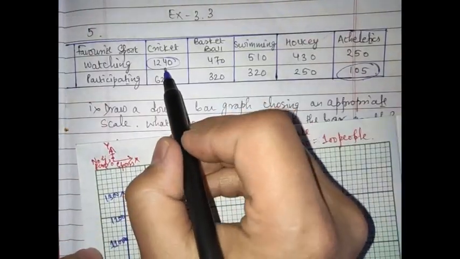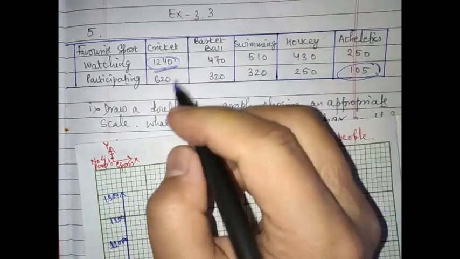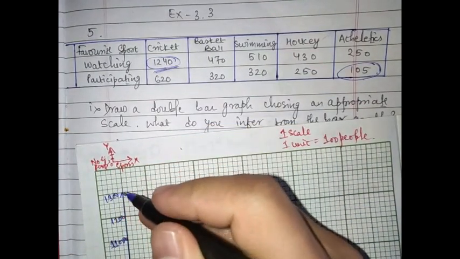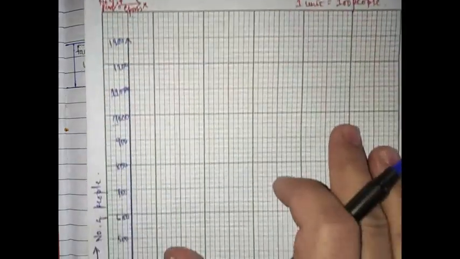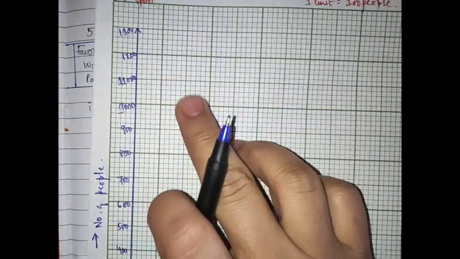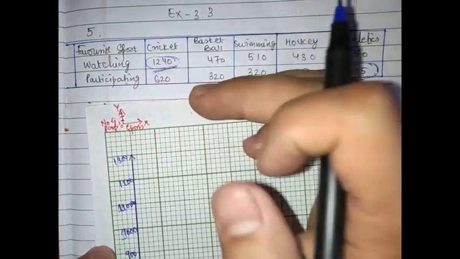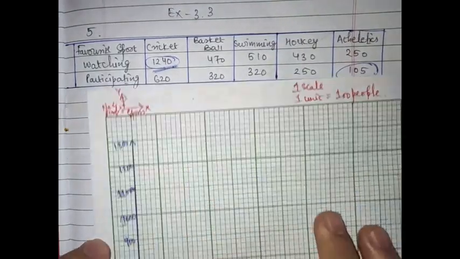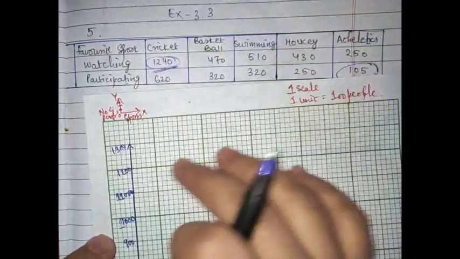The maximum will be 1300 because the maximum number is 1240, so 1240 will come under this 1300. If the maximum were 1340, then we could have kept 1400, but why go there? We can adjust this whole data in this area only.